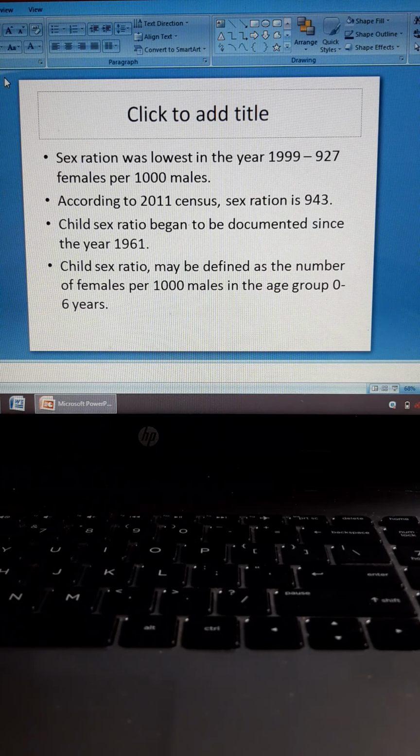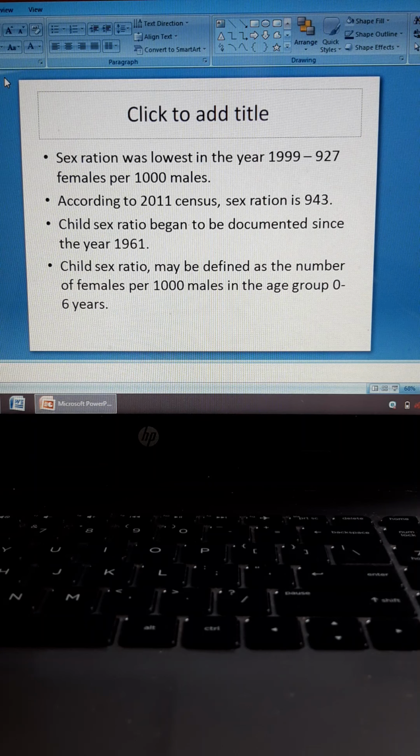So remember this: according to the latest census of 2011, the sex ratio, that is the number of females per thousand males, is 943. Please follow the table, go through it and remember the important numbers and dates.